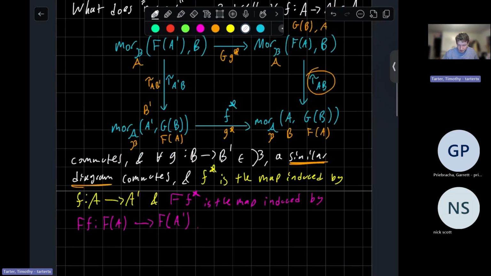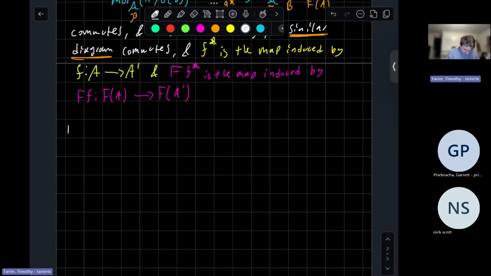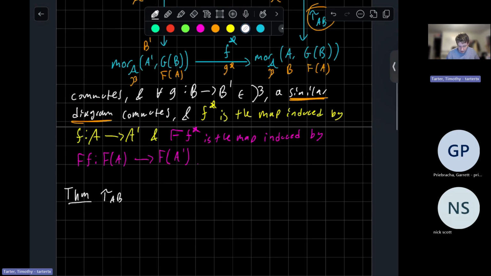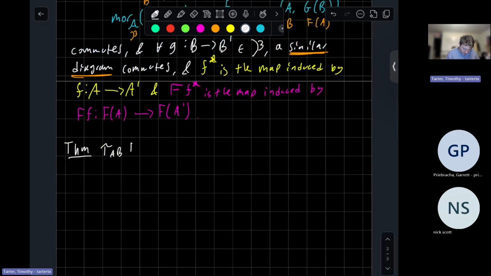Okay, I'm just going to state this as a theorem. I don't think we need to prove it, unless it doesn't make sense. So tau AB, as initially constructed in blue, has the following properties.